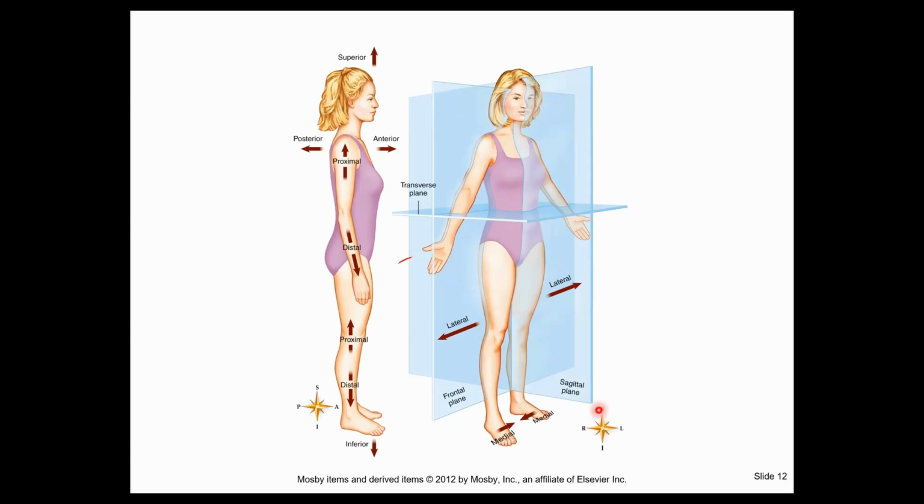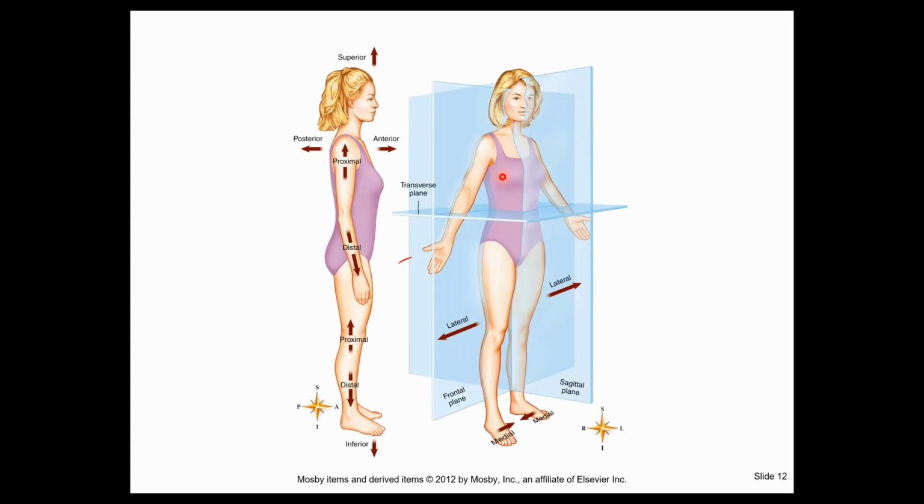Within the sagittal plane, there is a special plane called the mid-sagittal plane. As you can imagine, it goes exactly through the middle of your body, through the middle of the nose, and divides the body equally into right and left halves.